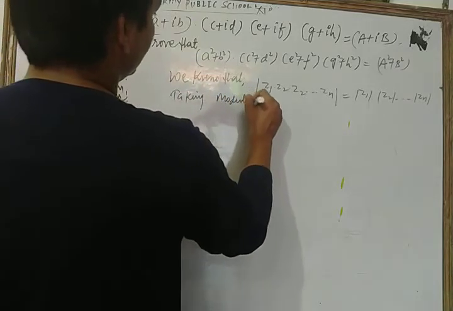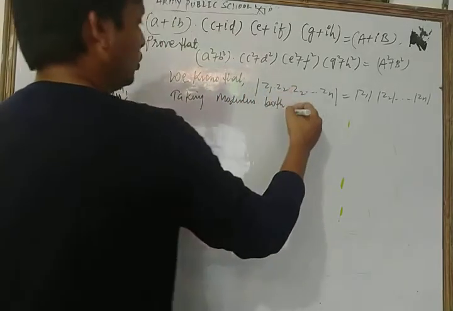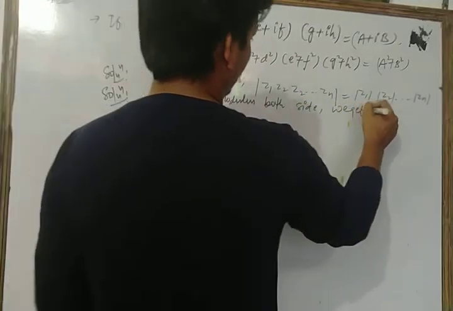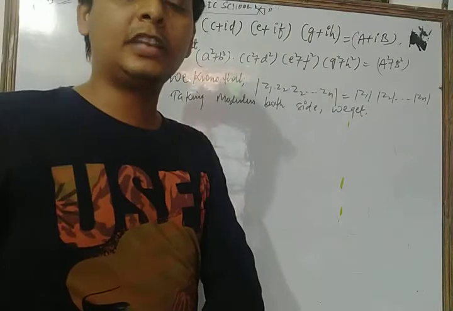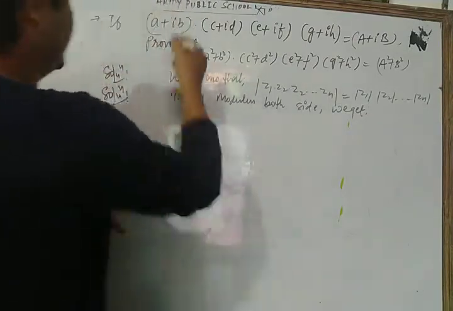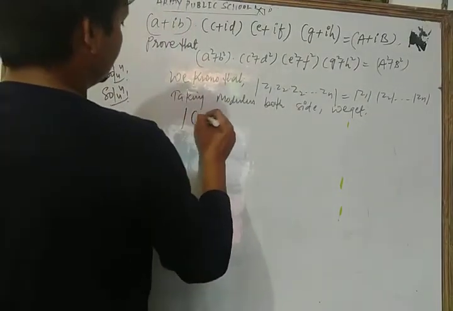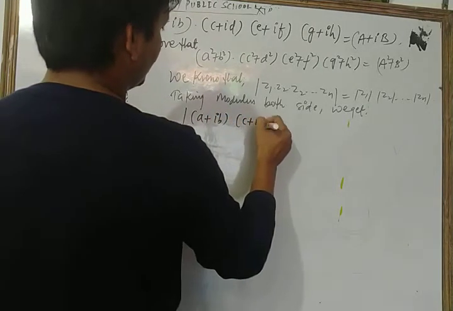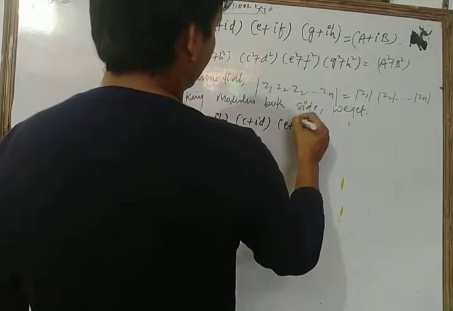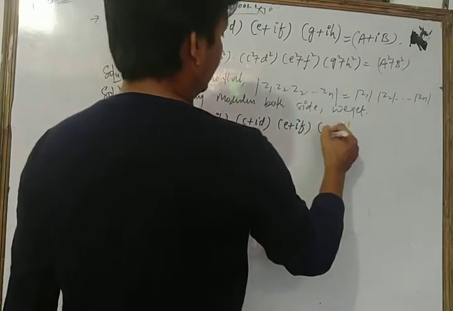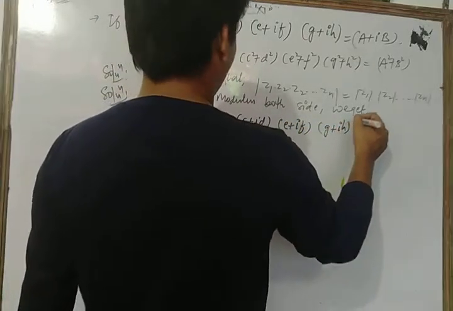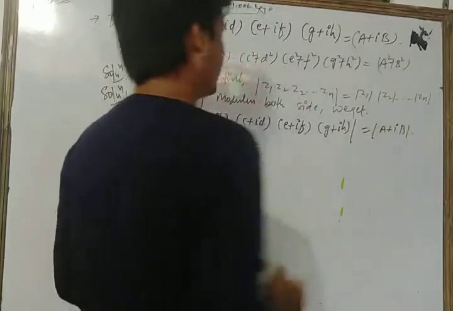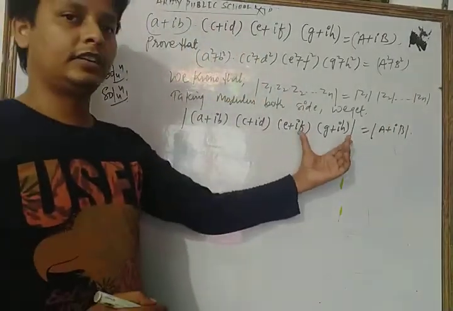If taking modulus both sides, then we have a plus ib, c plus id, e plus if and g plus ih is equal to a plus ib. We take modulus both sides, so we get this.